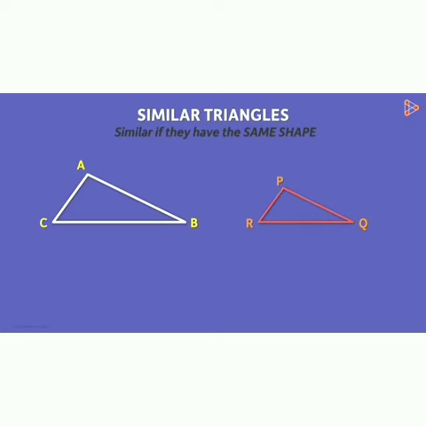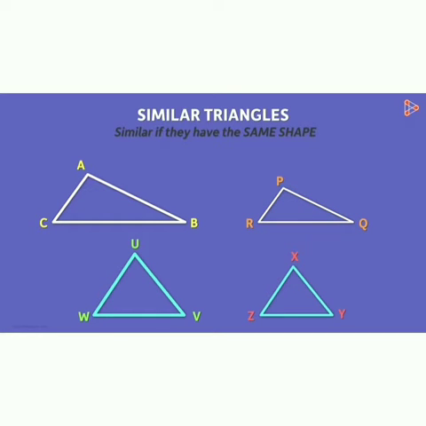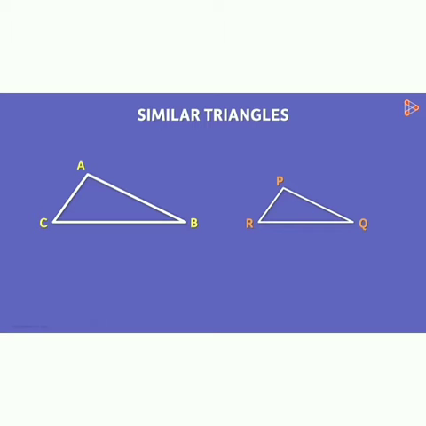When two triangles are similar, the ratios of their corresponding sides are equal. For example, here triangle ABC is similar to triangle PQR.